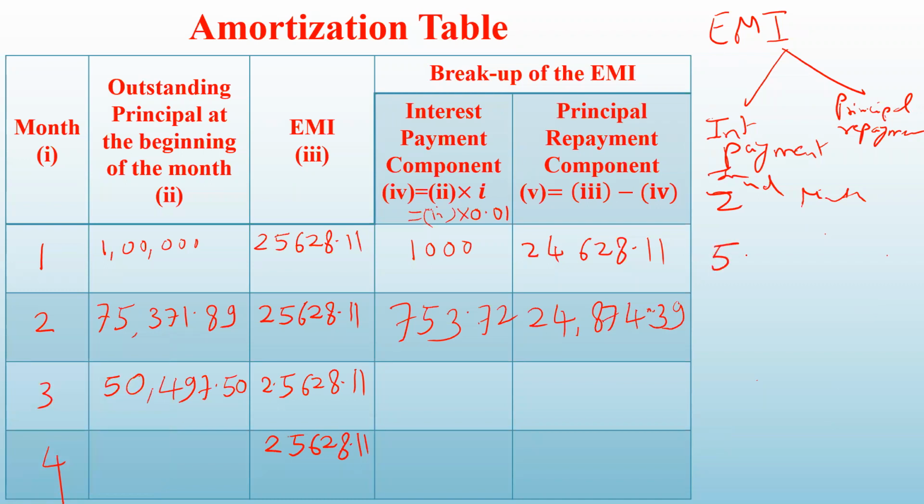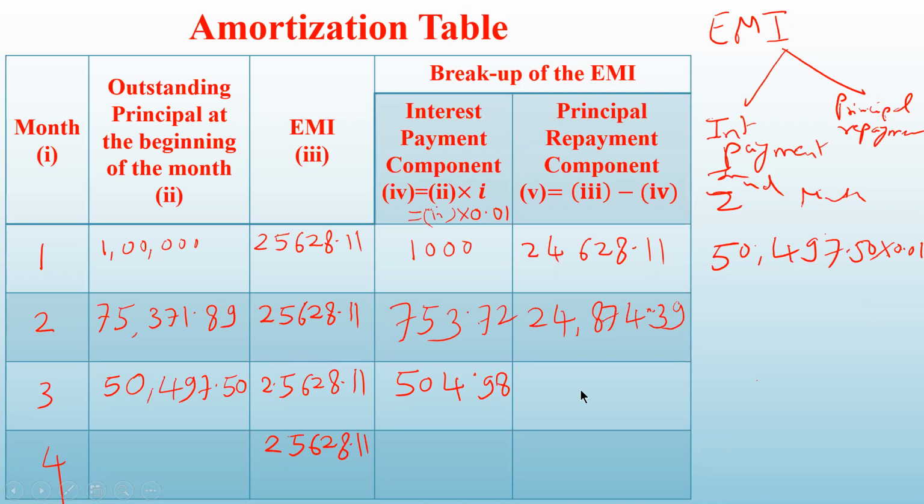So 50,497.50 into 1%. So that is 0.01. So that is what I've written here. Second column multiplied by I. So when you multiply this by 0.01, you will get 504.98. Okay, so after you paid the third EMI, this much rupees and 98 paise had gone for the interest.